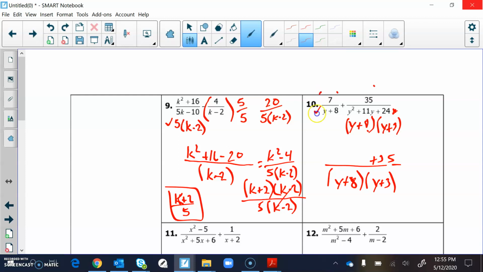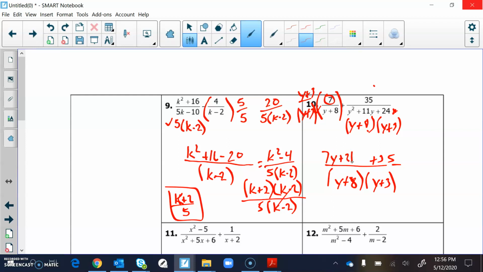Now this first fraction has a y plus 8, but it needs a y plus 3. So y plus 3 over y plus 3. We're not going to multiply those factors together. We're not going to FOIL anything. We just want to factor and cancel. So in order to balance it, I need to multiply this 7 times y plus 3. Well, that's 7y plus 21.